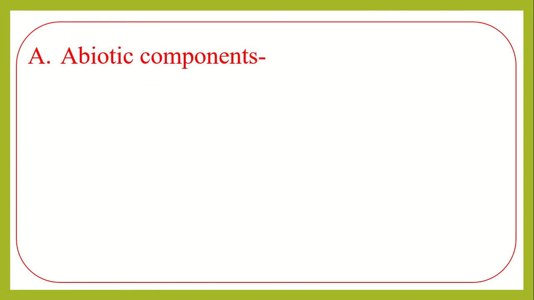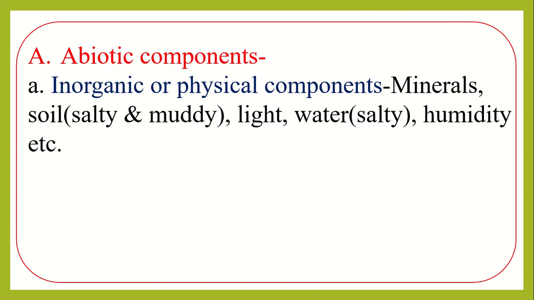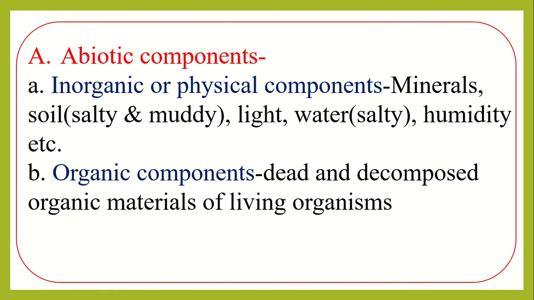Abiotic components. Inorganic or physical components: minerals, soil which is salty and muddy, especially for the Sundarbans, light, water which is salty, humidity, etc. Organic components: dead and decomposed organic materials of living organisms.